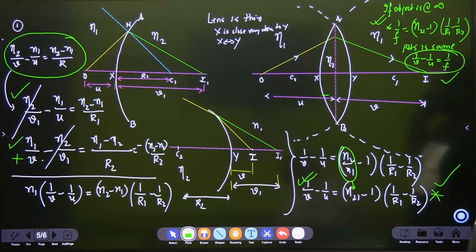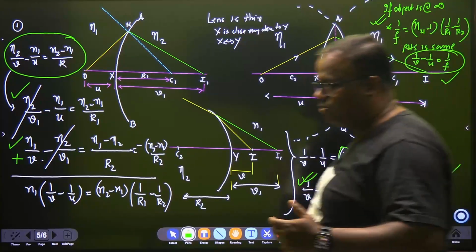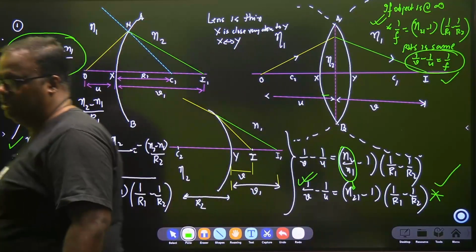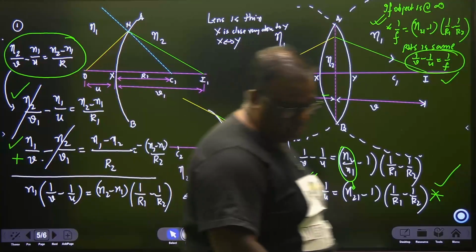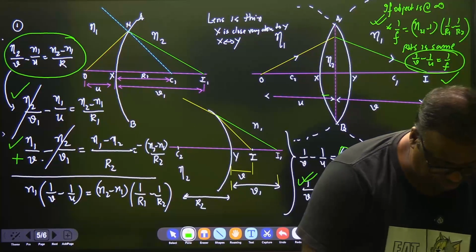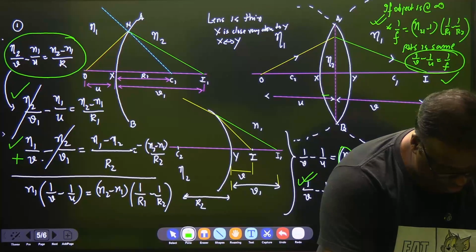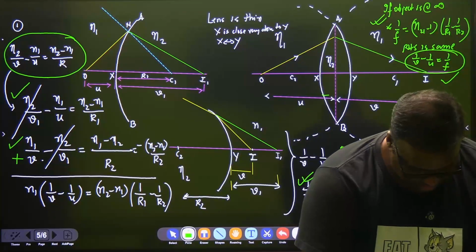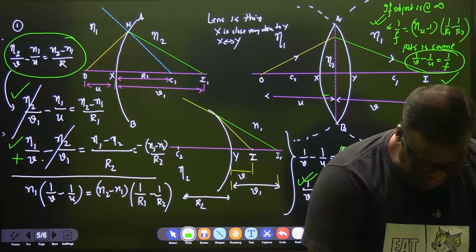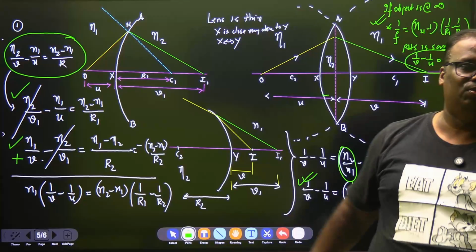In our next class, we will be doing a couple of problems first before going ahead with prism and other things. Okay, I think after this it will come for prism, but at this level we will have to do some formulas. So you now know the mirror formula, you now know the lens formula, and then here we will see some criteria for image formation, which you all know.